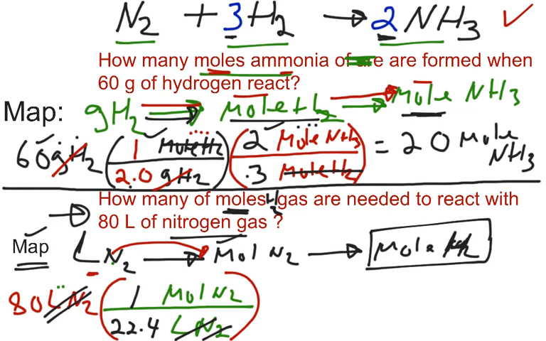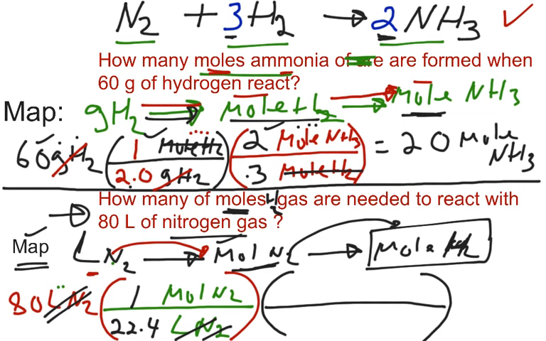Now we need to go from moles of this substance to moles of H2. So we don't panic. We set up another conversion factor. We put a line right here. We now want to get rid of moles of N2, so we put the same unit, moles of N2, in the bottom.